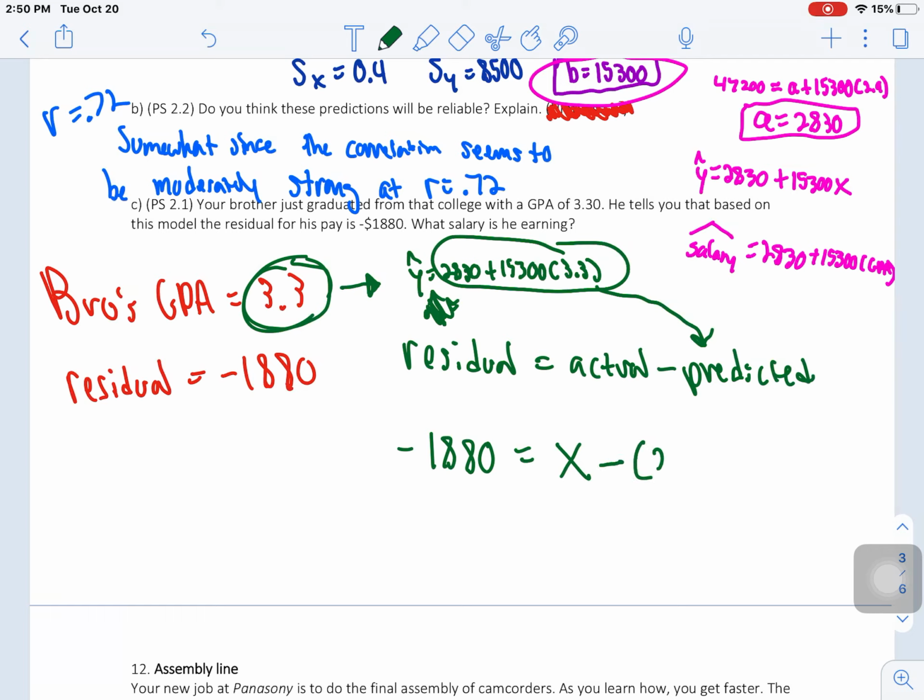I'm going to say minus, close that parentheses. Again, we get the predicted amount by plugging his GPA into our regression equation, and this would give us his predicted salary. So his actual salary, we don't know, minus his predicted salary, and then over here we have the residual.